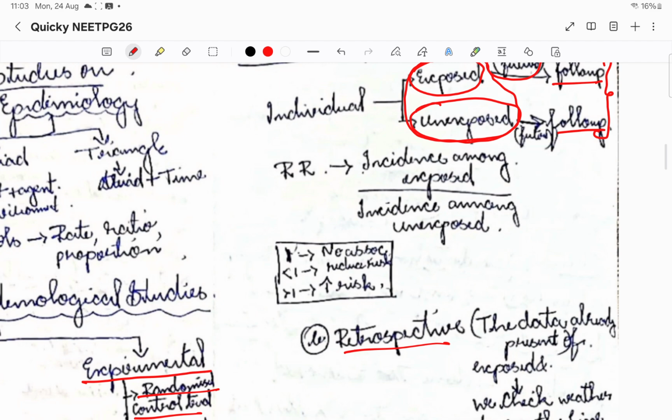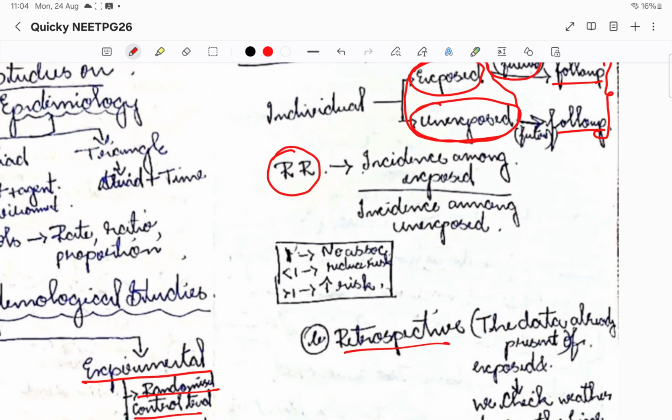Here is where the relative risk ratio comes in. Here also we are trying to tell whether the exposure caused the disease or not. In case control it was the same thing, but in cohort we follow up, whereas in case control the data was already present.